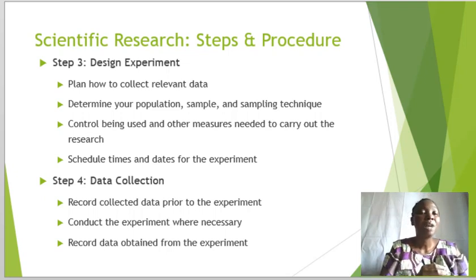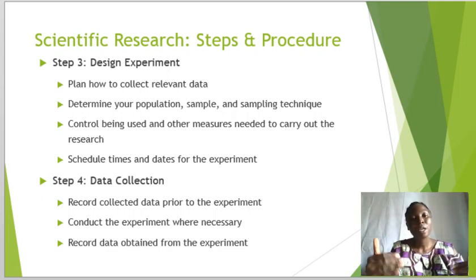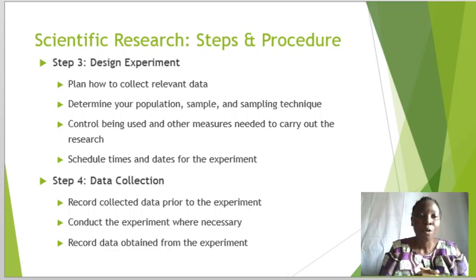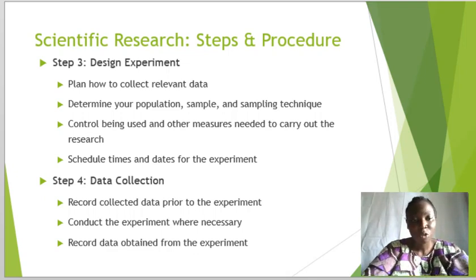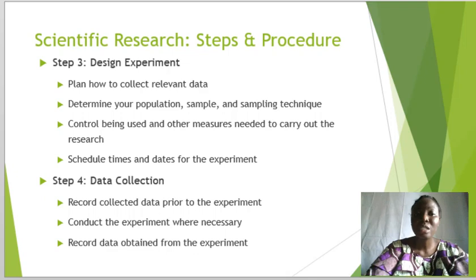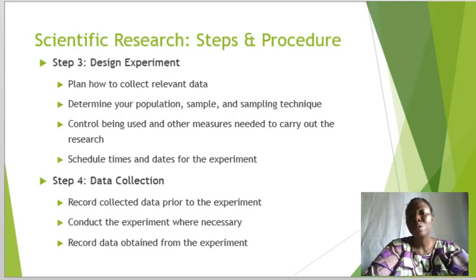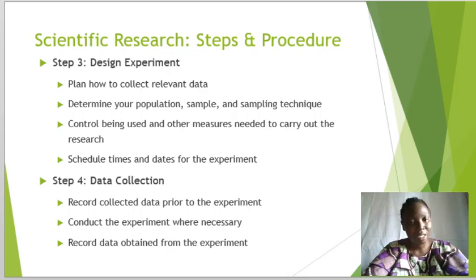Then you have to schedule the time and date for the experiment. Then the next step is to collect data. One thing I want to point out here is you must record your data prior to the experiment. Data you collect prior to the experiment, that's the pre-test information, you note it down, you record it. Then you conduct the experiment where necessary.